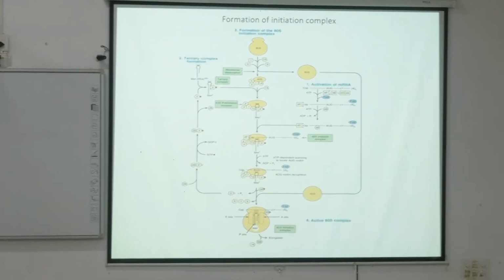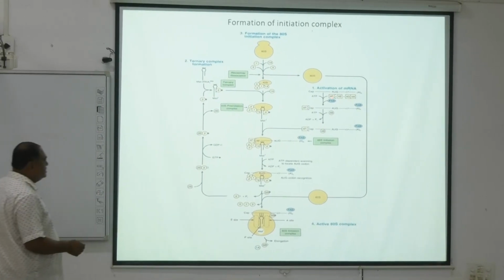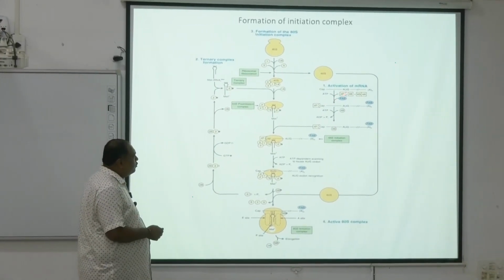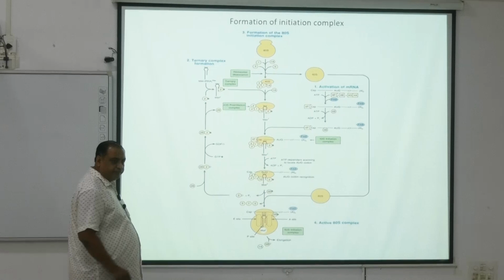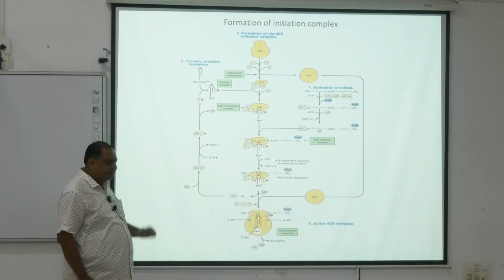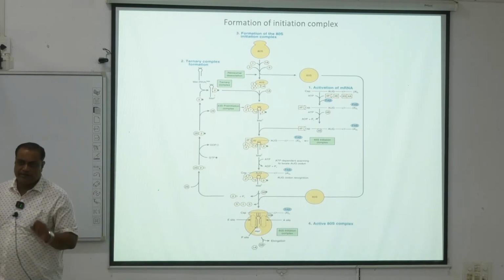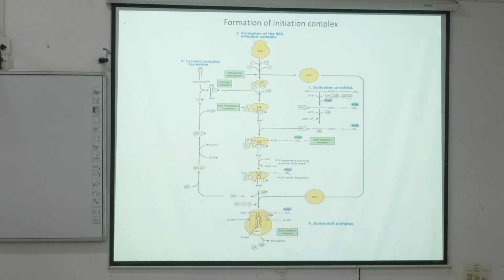Activation of mRNA. Now here you have, can you read this one? This is 4F factor, EIF factor 4F, which is made up of other factors, 4E, 4G and 4A.